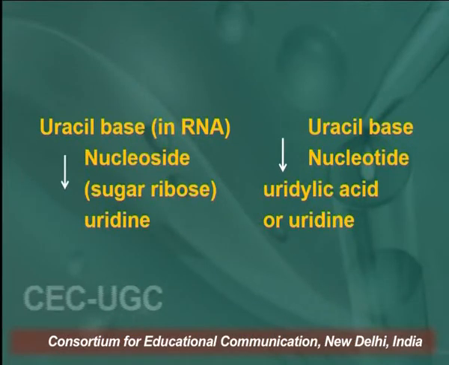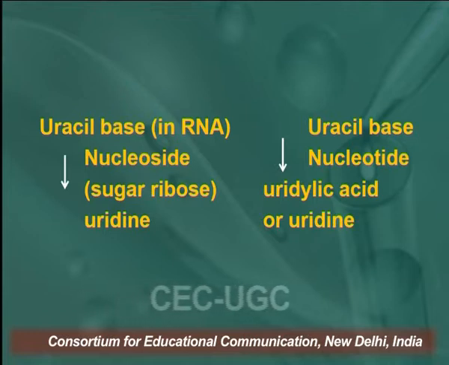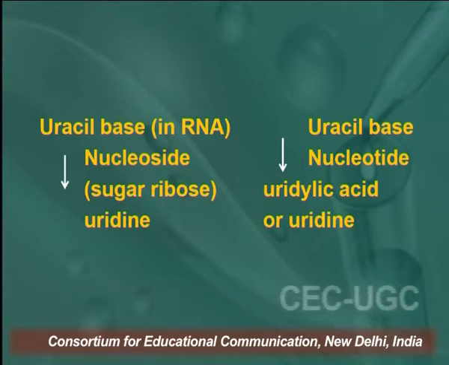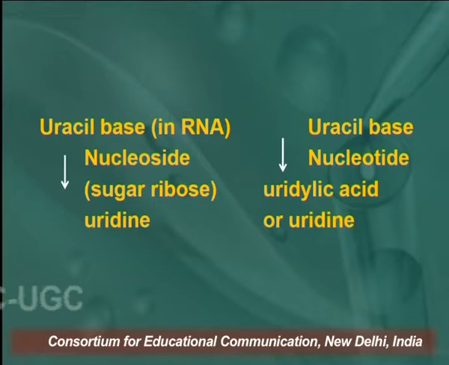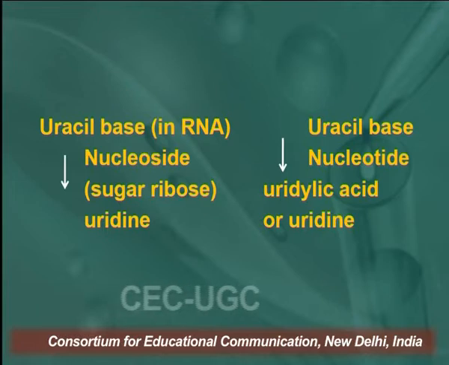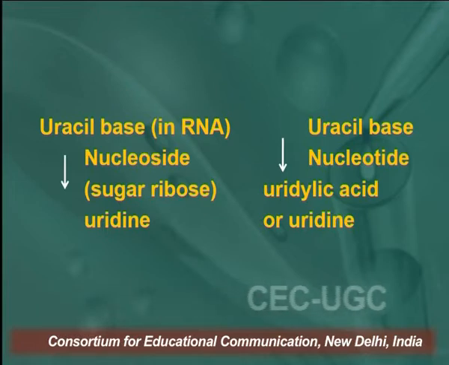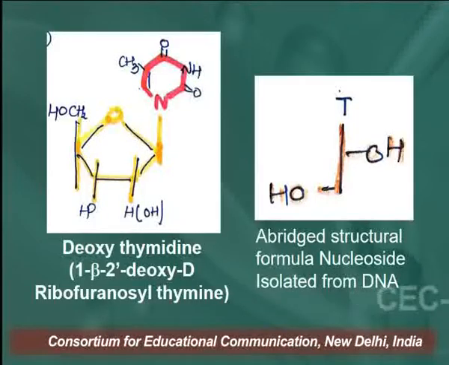And if there is a uracil base, as I told you, RNA contains uracil base, and there is a ribose sugar, because RNA always has ribose sugar. So in this case the nucleoside is called uridine, right? And the nucleotide is called uridylic acid or uridine monophosphate. So this is the structure.